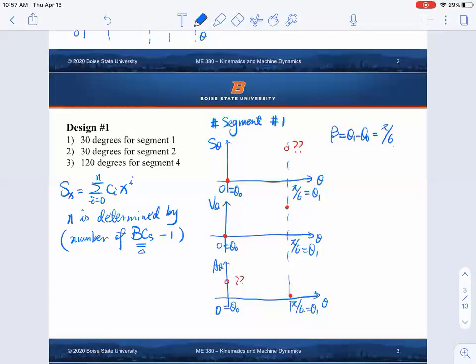So we have 1, 2, 3, 4 known boundary conditions. That means your n equals 4 minus 1, equal to 3.